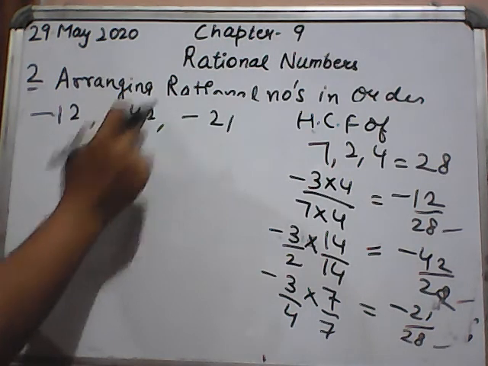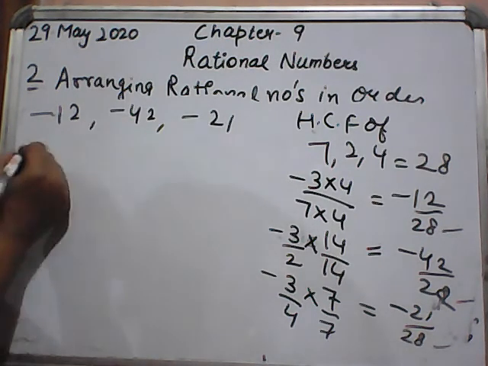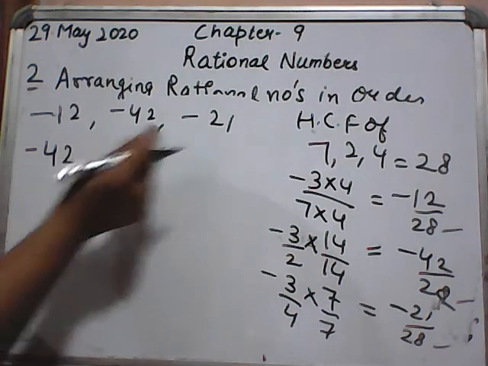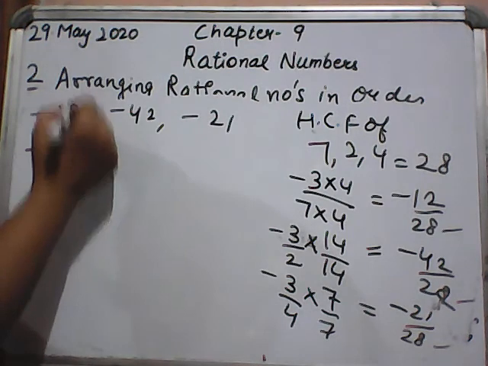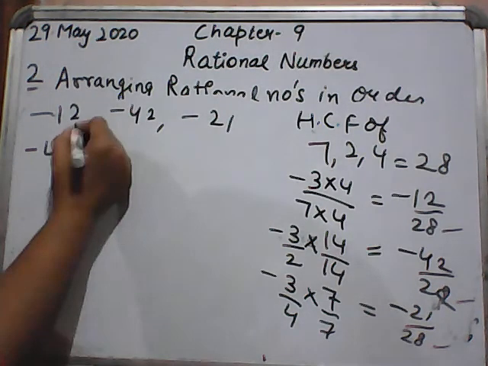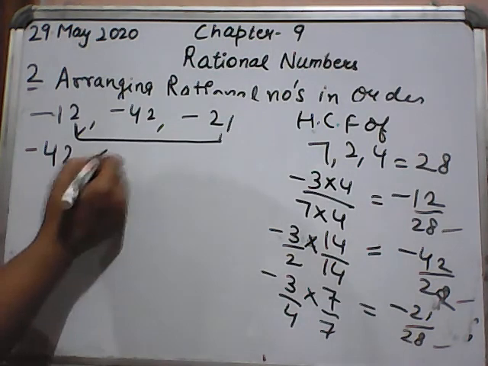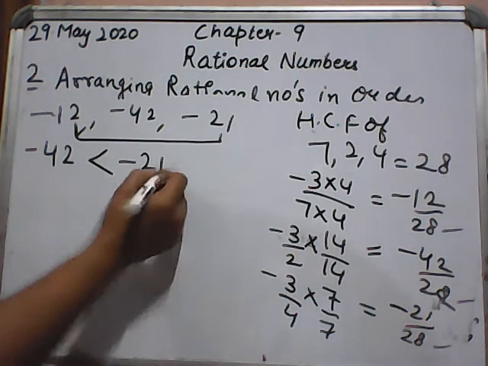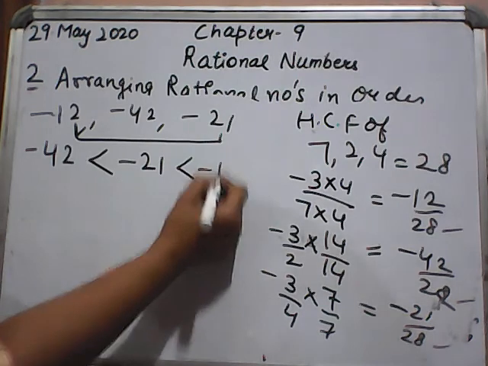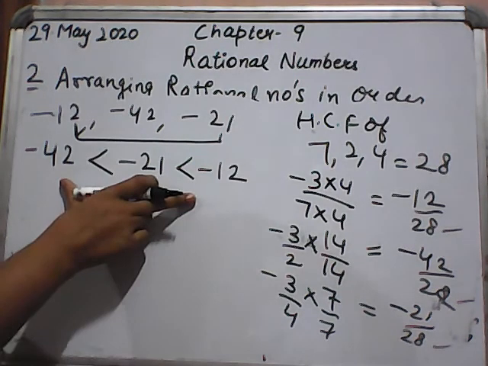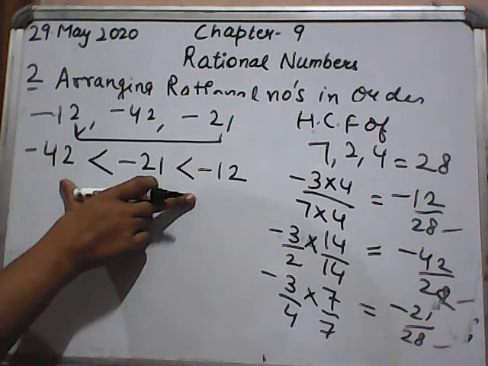Minus 42 lies to the left of these two numbers. So minus 42 is the smallest number. After that, remaining two numbers, minus 12 and minus 21. Minus 21 lies to the left of minus 12. So minus 21 is less than minus 12.